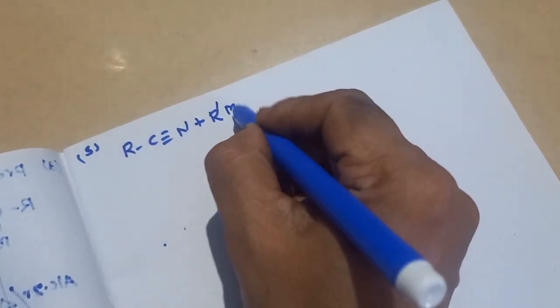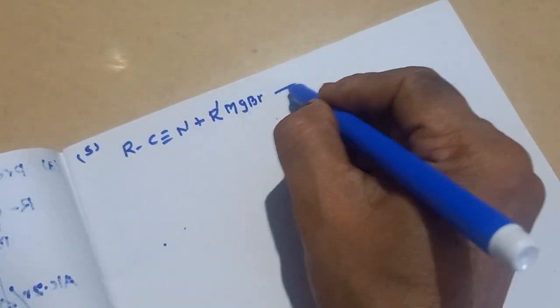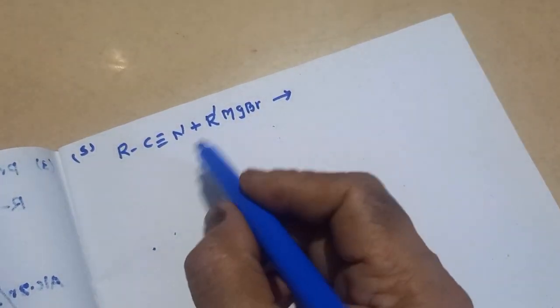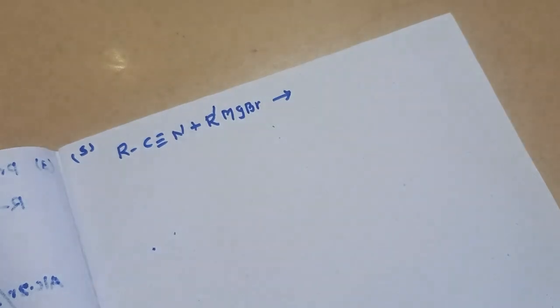Now coming to another preparation, that is from cyanides. How to prepare from cyanides? When alkyl cyanide is reacted with Grignard reagent. As previously told, always remember Grignard reagent supplies one alkyl group to the compound carbon containing either nitrogen or oxygen. Right, students?